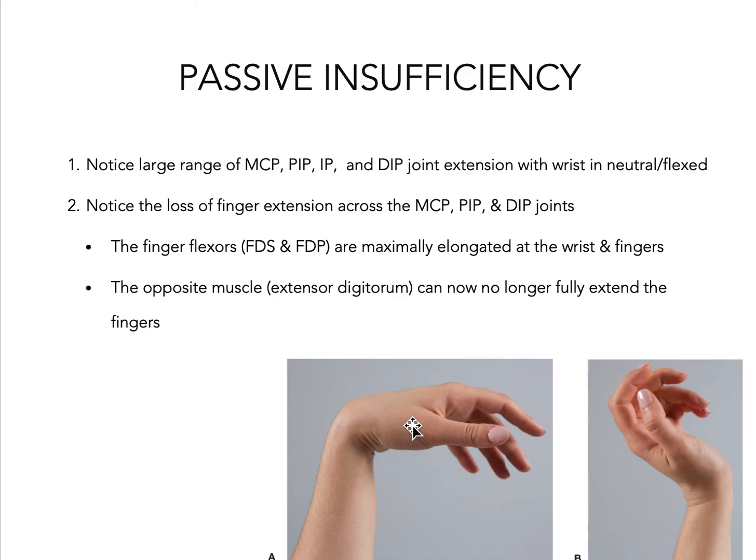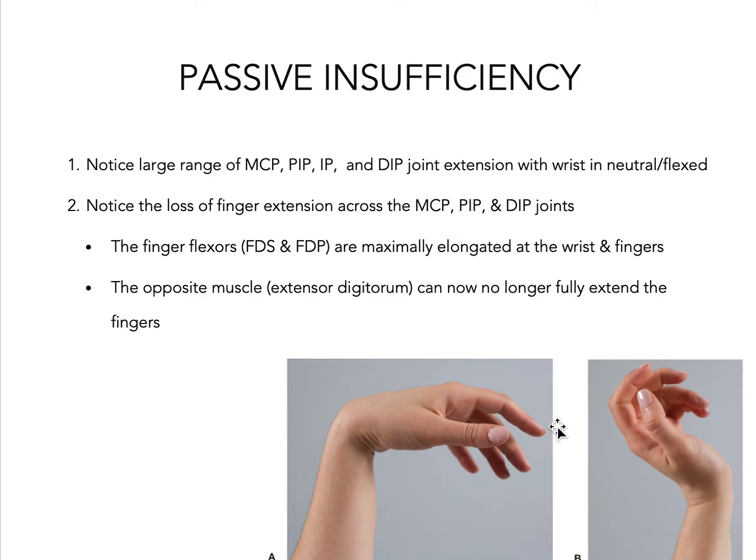So in the first image, labeled A, notice a large range of metacarpophalangeal, proximal interphalangeal, and distal interphalangeal joint extension. So when the wrist is completely flexed, our fingers are completely extended, or let's say in a neutral flex position.